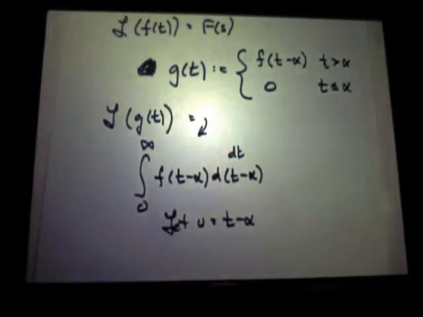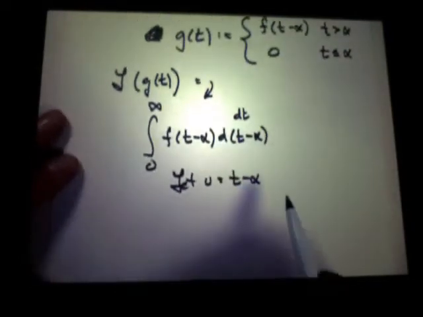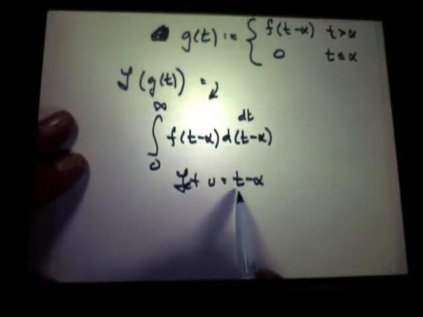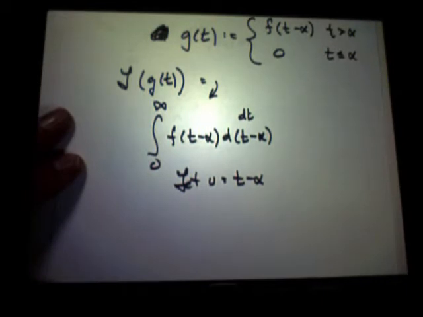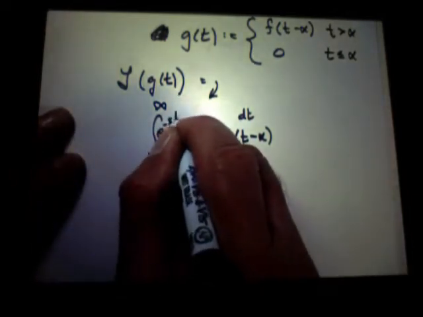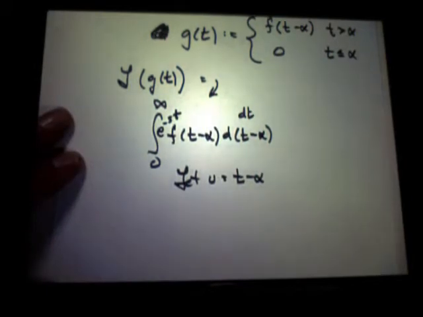Well, I'm going to split it, but I'm going to actually eliminate the part from 0 to alpha right now with this substitution. Don't you have to insert e to the minus st? Well, yes, I do. That's what I forgot.